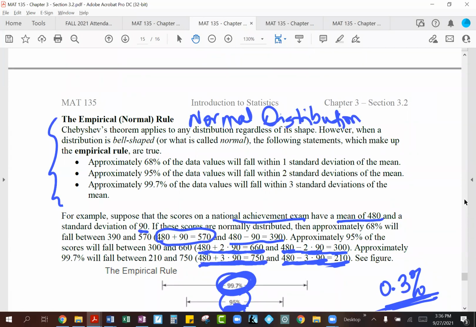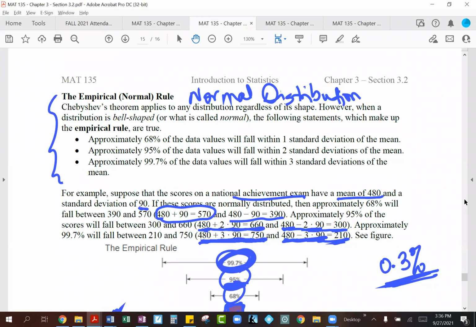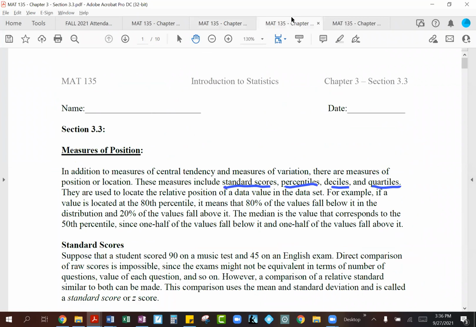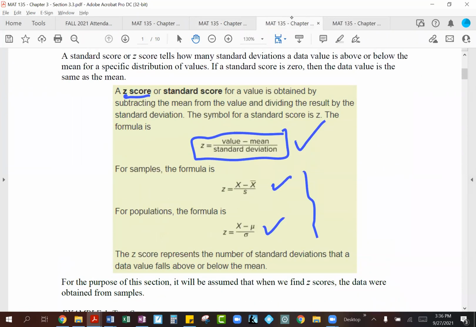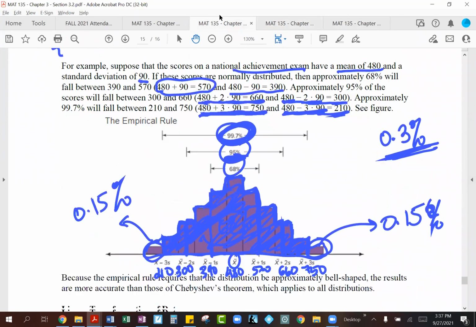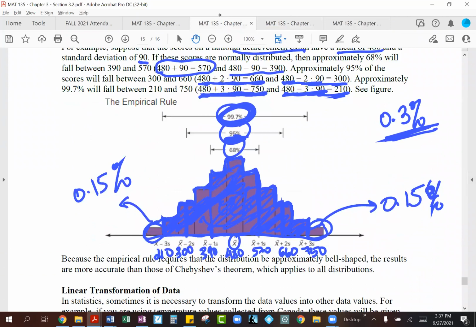So literally what they're doing is introducing the concept of this normal distribution, or you can call it the bell-shaped distribution. And then over here in the position section, they're introducing you to z-score, because the z-score tells you where you fall in terms of your mean, how far above or below the mean you are.